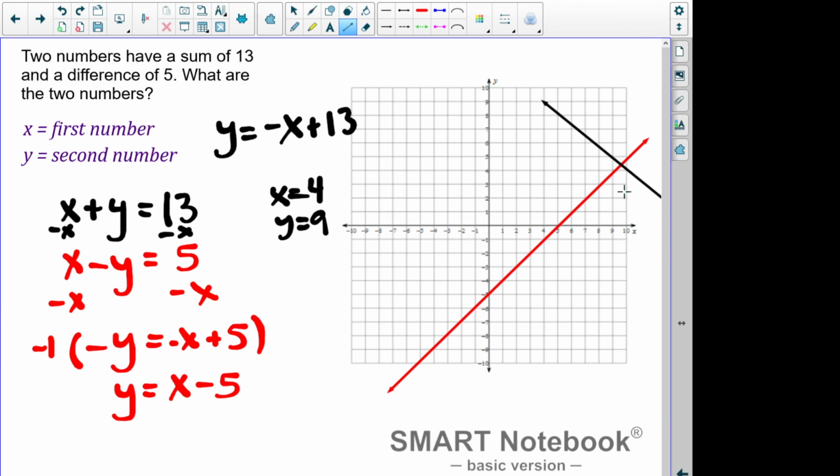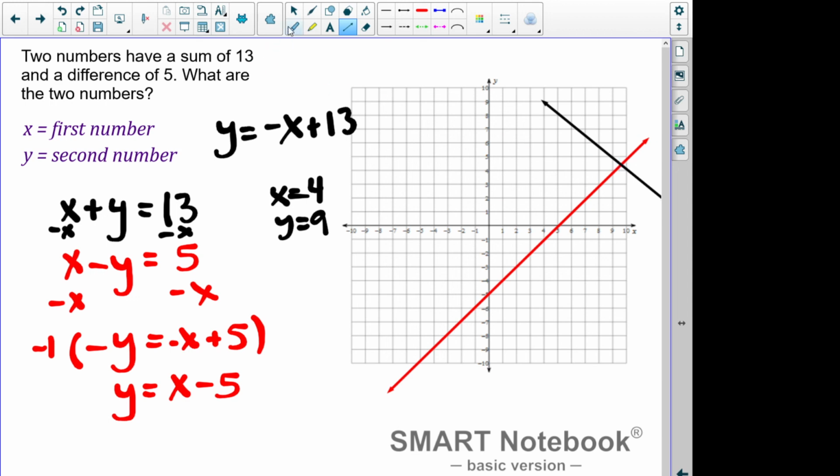And when I look at this solution, it looks like 9.5 is my x value, and 4.5 is my y value. Again, I want to make sure that I've graphed this accurately and that I have my points on there accurately, but I can see right there that it looks like about 9.5 and 4.5 are where my points are.